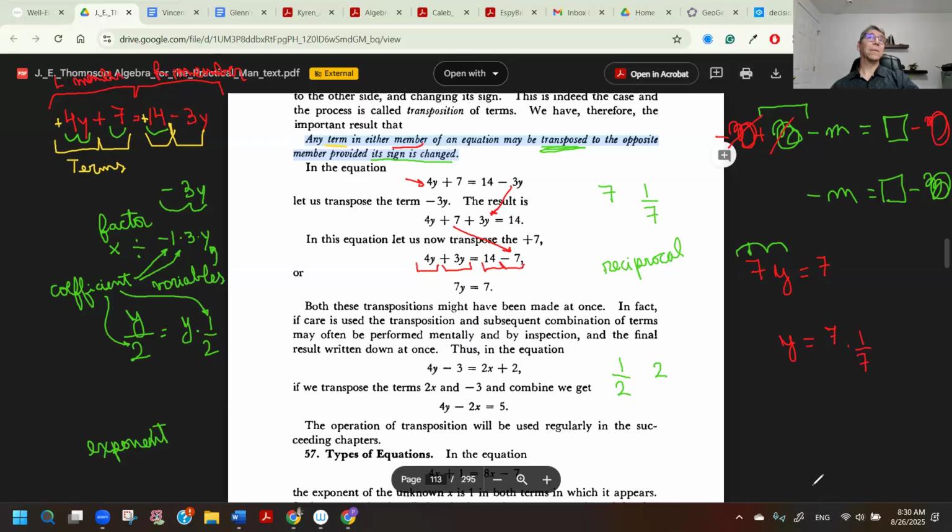And so factors, I move them by doing the reciprocal operation. Terms, I move them by switching the sign of the term.